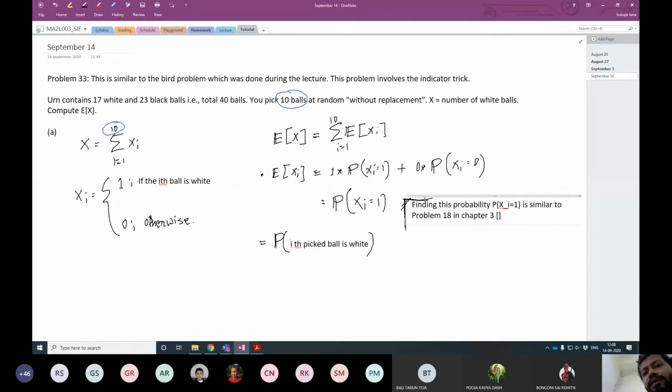And there the problem was 5 boys and 10 girls are arranged in a random order.